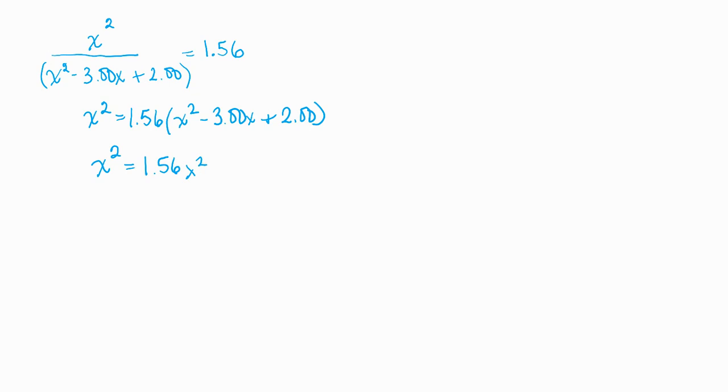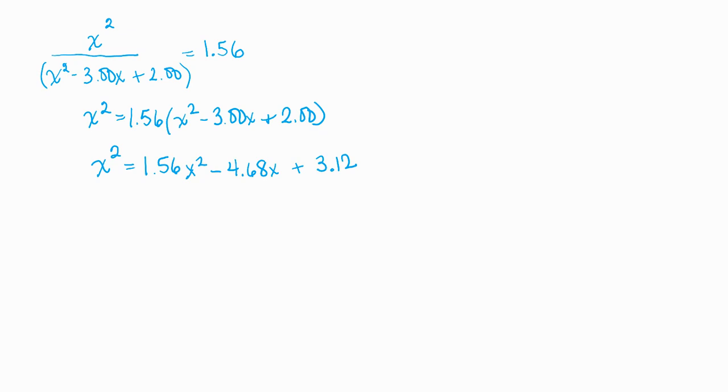And now we're starting to get perhaps a little bit of a sinking or excited feeling about where we're headed with this. So I'm just distributing. At this point, you should start to think, how are we going to solve this equation? And maybe you know the answer, but let's clean this up.